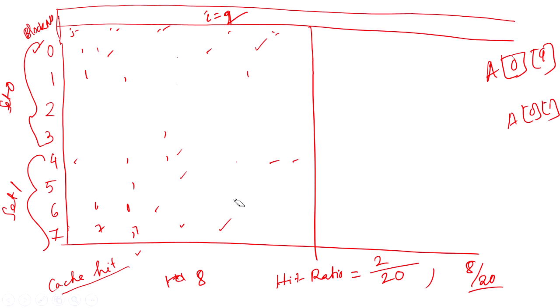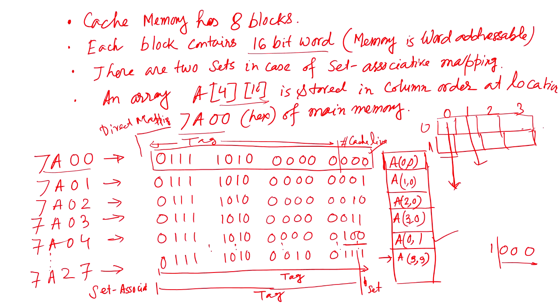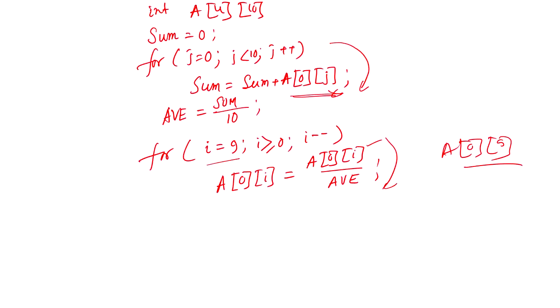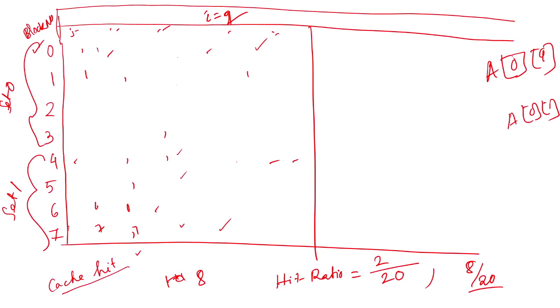Again you consider the first loop, A00. A00 was located here. So, we use set associative mapping. Therefore, which set will it go to? Only the least significant bit matters, it is set 0. Okay. So, therefore, you place it in set 0. Set 0 is this one, and in set 0 you have 4 blocks.